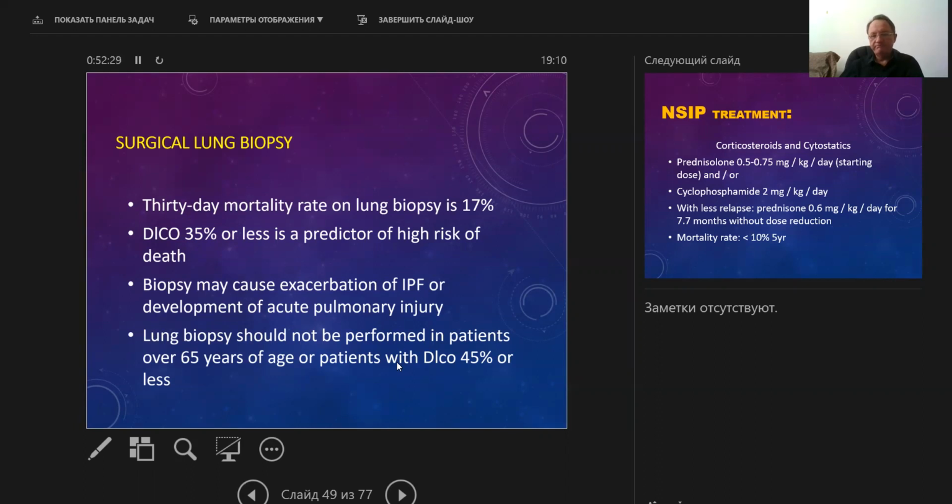In the case of IPF, biopsy can lead to exacerbation. It is also contraindicated for patients over 60 years of age and with diminished lung diffusion test less than 45%.